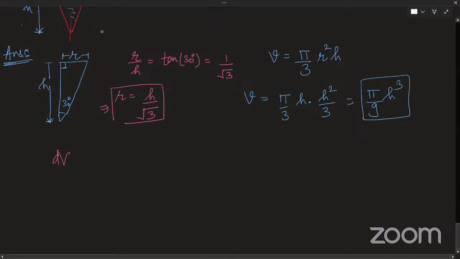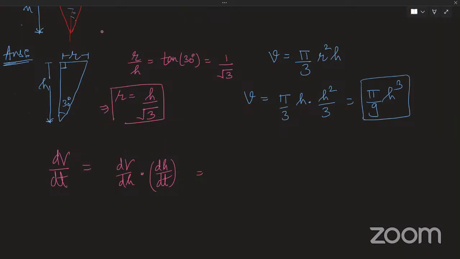Can you help me and tell me what will be my value of dV by dt? Can you differentiate? So it will be dV by dh into dh by dt. Tell me, what is the value of dV by dh?